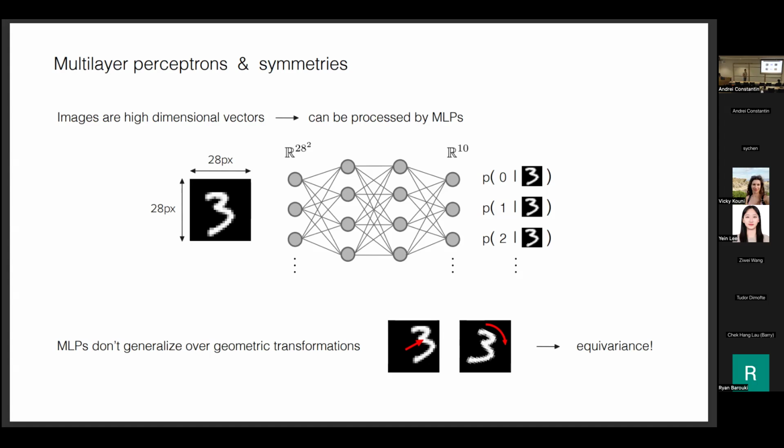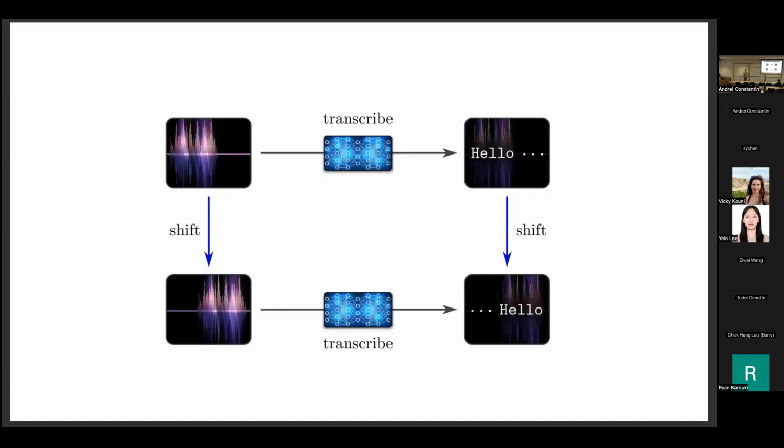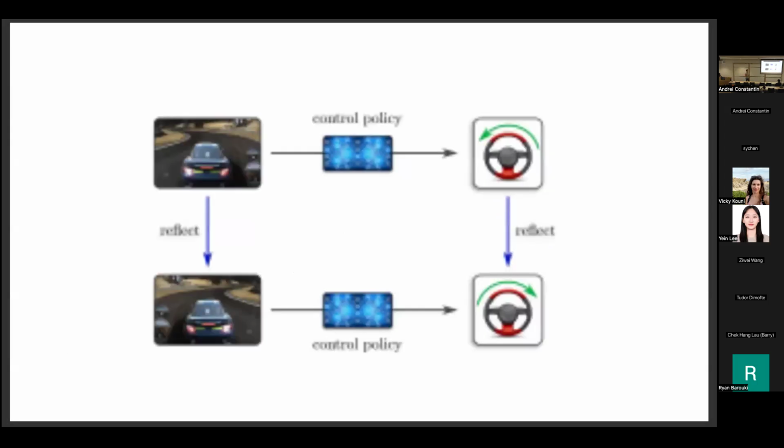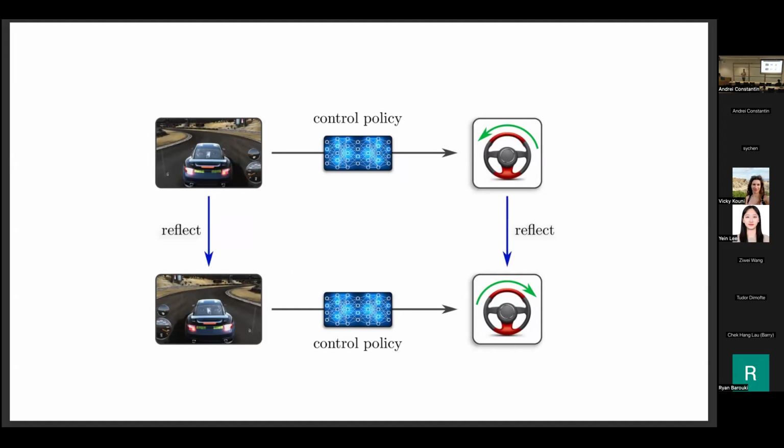For instance, you could transcribe audio to text, and then you would probably want that if you shift your audio sequence in time, your text also shifts around in time. Or let's say you have a visual stream input for the control policy of a car, then you would probably want that if you reflect your visual input stream, your control also reflects.